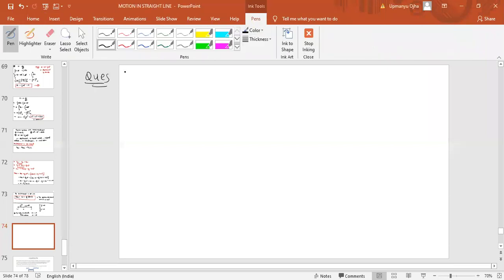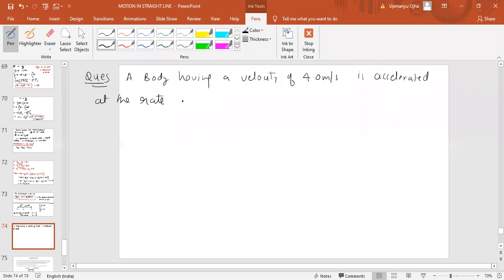A body having a velocity of 4 meter per second is accelerated at the rate of 1 meter per second square for 5 seconds.